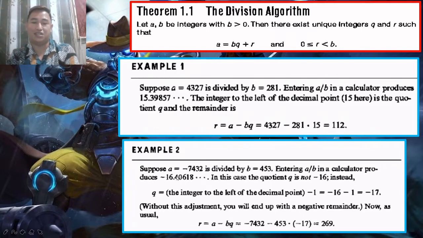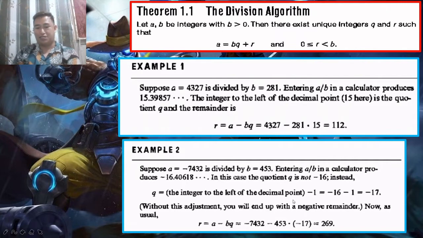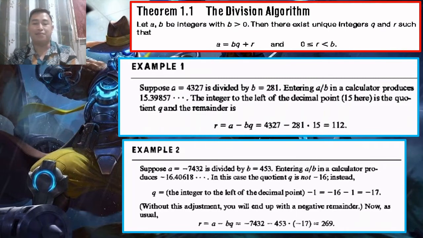Dili si negative 16 ang quotient. Instead, okay, Q is equal to the integer to the left of the decimal point minus 1, which is negative 16 minus 1 is equal to negative 17.